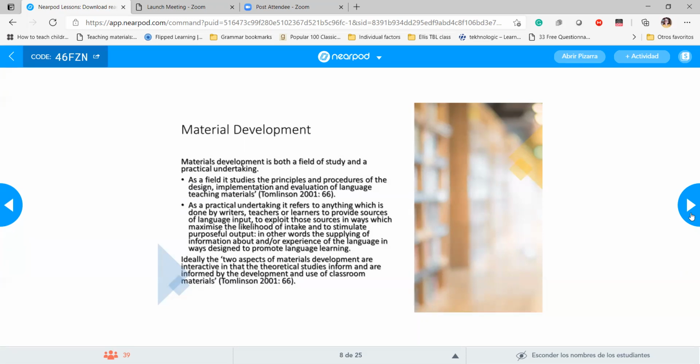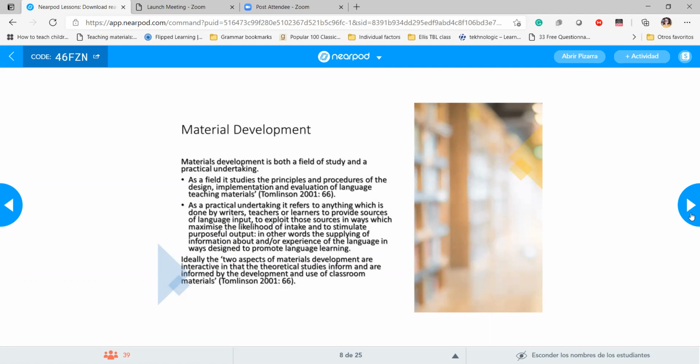And in this case, we're looking to create input, but also in order for us to maximize that, students have opportunities to create purposeful output. So we're not only worried about materials that help us give the students information, but also materials that are going to help students show what they have learned.